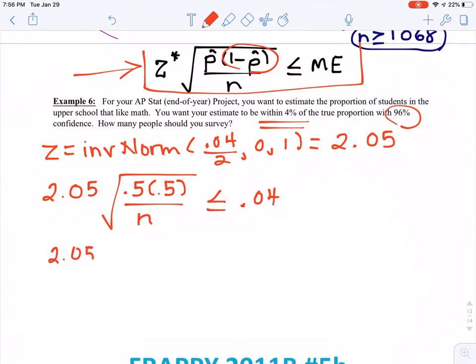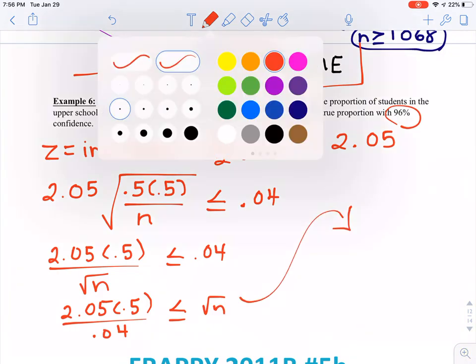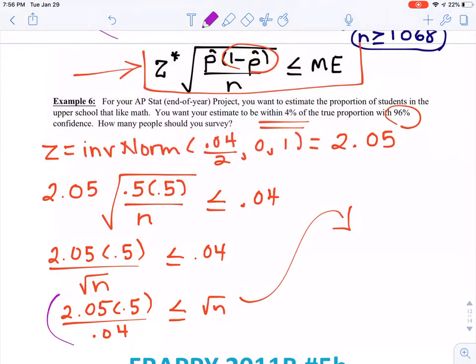Okay, so you can just use your algebra skills to manipulate this a little bit to get the n by itself. Okay, I guess right here we could say we're going to square both sides. And that's going to give us n has to be greater than or equal to, initially, we get a decimal.